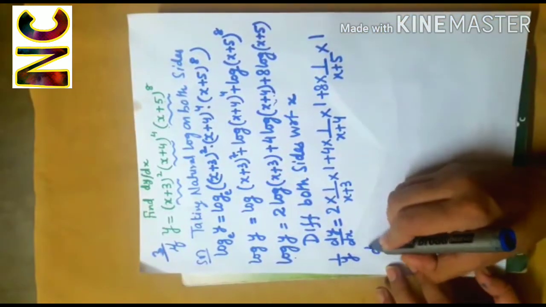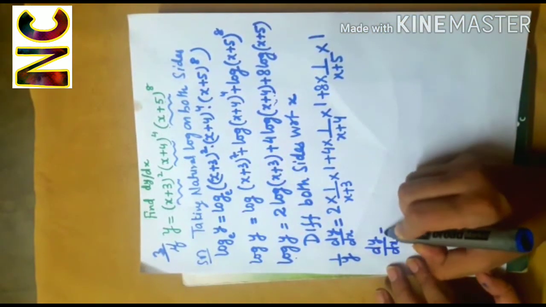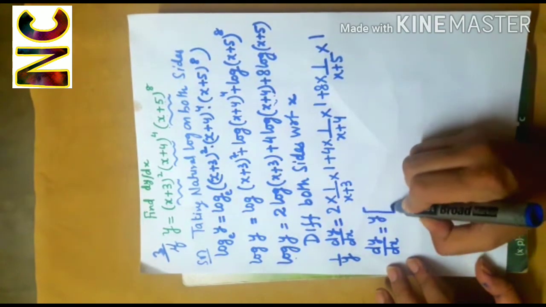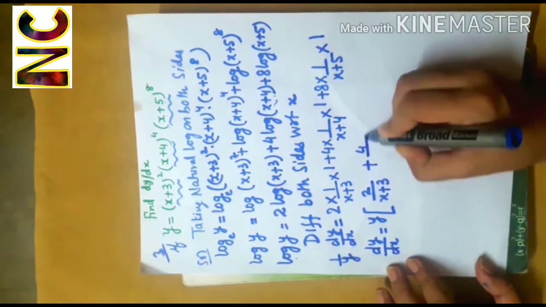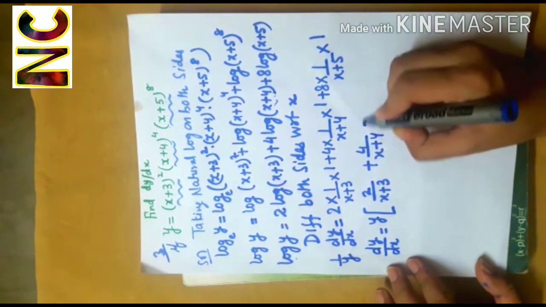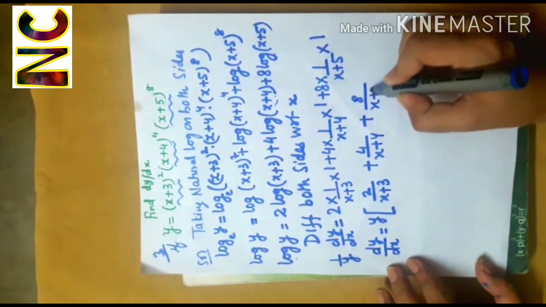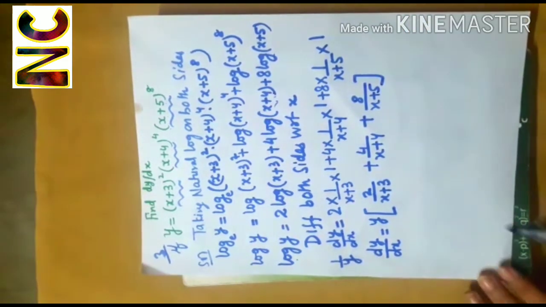So from here, dy by dx is equal to y into 2 over x plus 3 plus 4 over x plus 4 plus 8 over x plus 5, right?